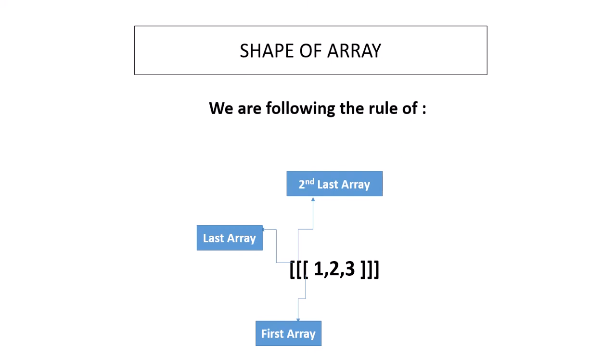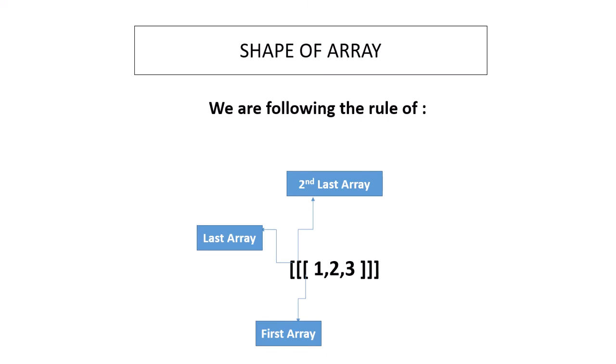Before moving any further, I'll suggest we follow one rule, because I'll be saying these terms a lot, and I don't want you guys to get confused. For example, here on the screen, I have this three-dimensional array in which the outermost one, which contains the two-dimensional array, we'll say that to be the last array.